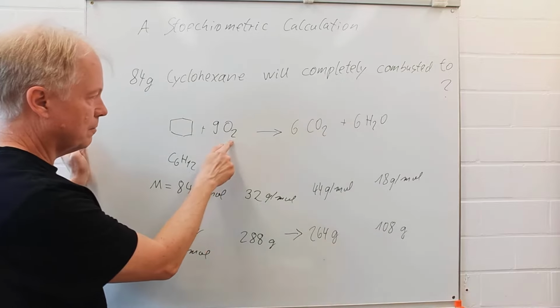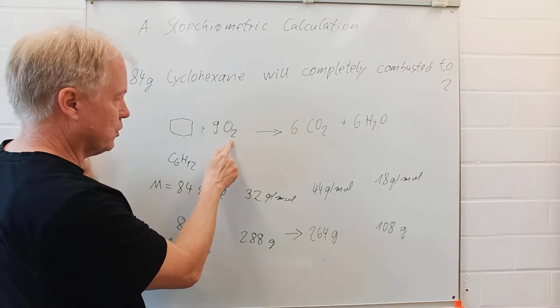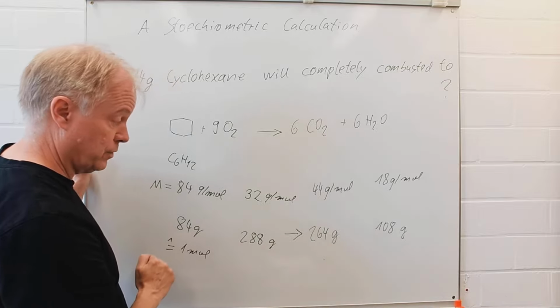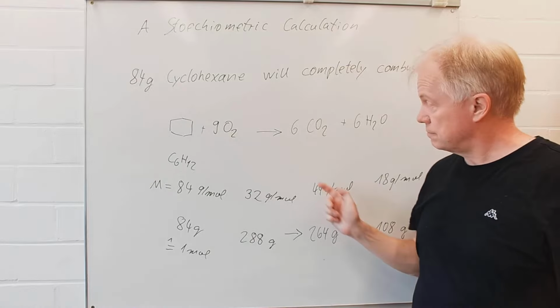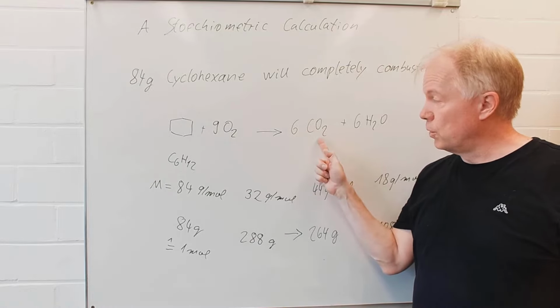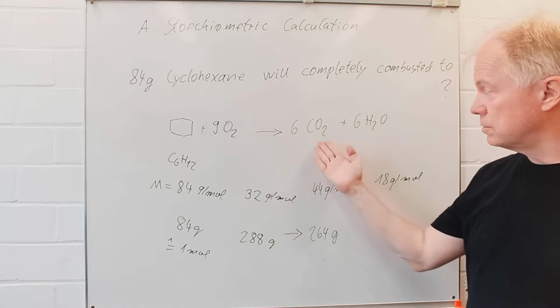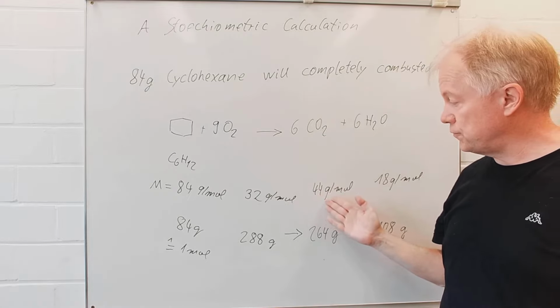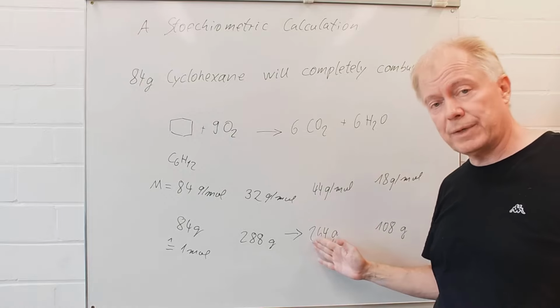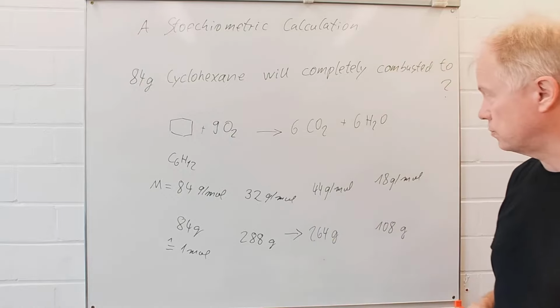The molecular mass of molecular oxygen is 32 grams per mole. 9 moles we need makes 288 grams, and this will give 6 moles of CO2. 1 mole has 44 grams, 6 moles makes 264 grams.